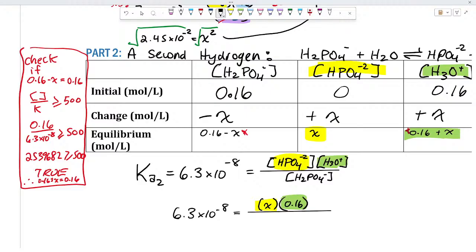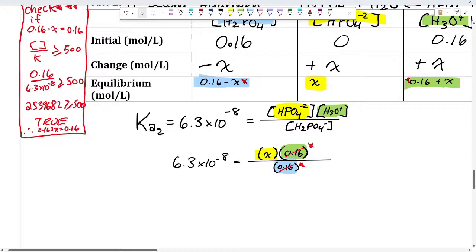We don't have to worry about it being changed. And what about the concentration of H2PO4 minus? 0.16. All right. Which, if you look here, those are just going to cancel. So we get really easy math here. What does X end up equaling?